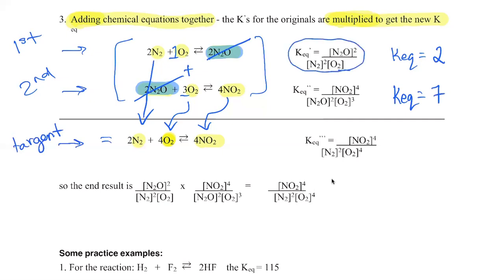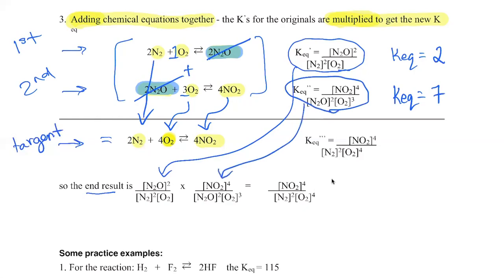Okay, this KEQ is represented here, if we're looking for the K of our target reaction. And then the second reaction is this one. So when we multiply them together, we're going to see that this N2O that we canceled out in our reactions, we're also going to see that cancel out, N2O and N2O, on the top and the bottoms of our fractions.